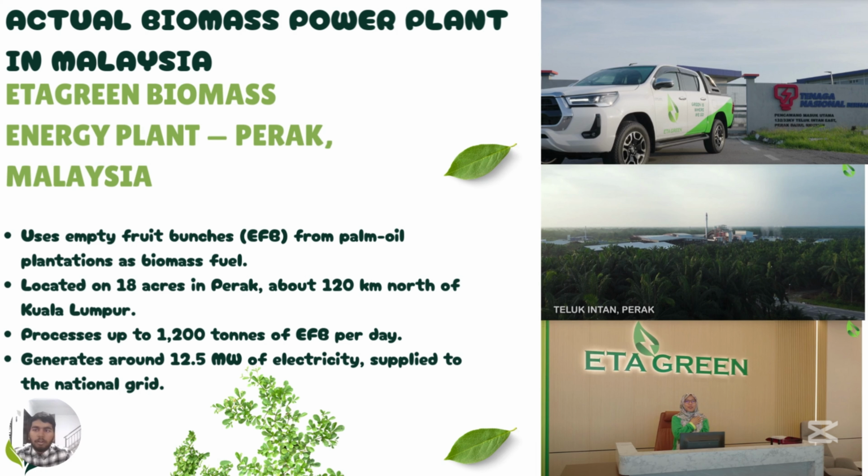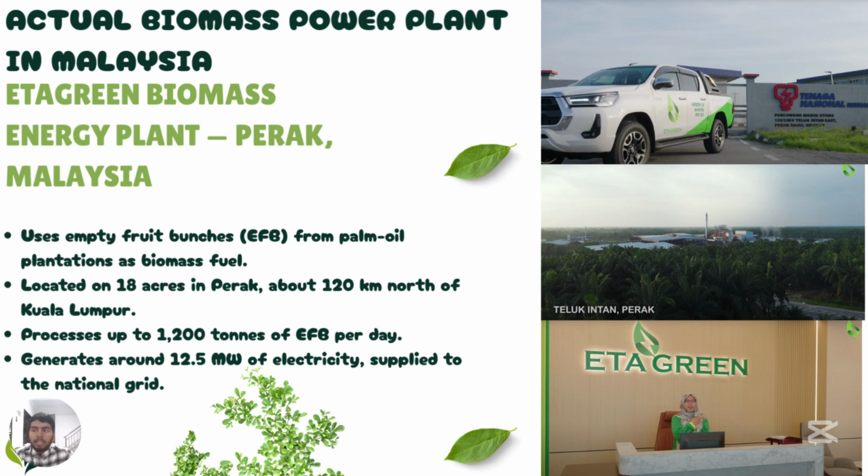The plant is built on about 18 acres of land located roughly 120 kilometers north of Kuala Lumpur. It is designed to handle large volumes of biomass, up to 1,200 tons of EFB every single day. All this material is collected from nearby palm oil mills, reducing transportation distance and supporting a circular economy within the agriculture sector.